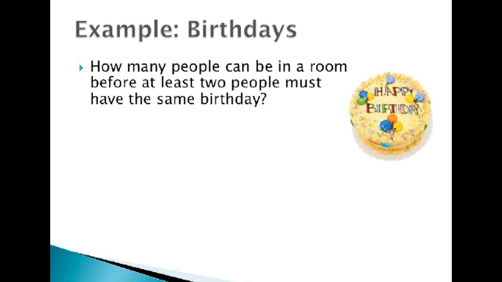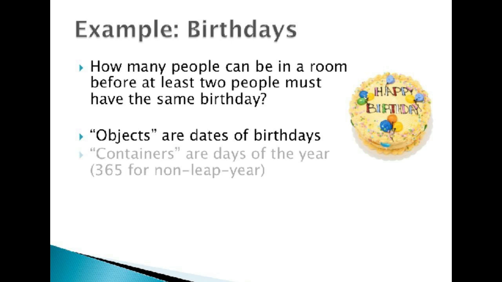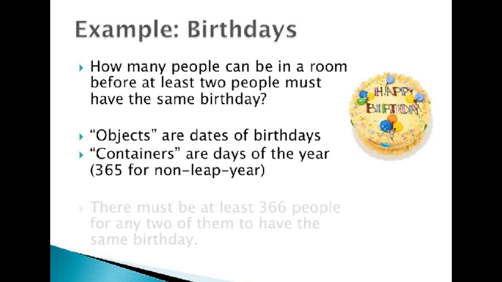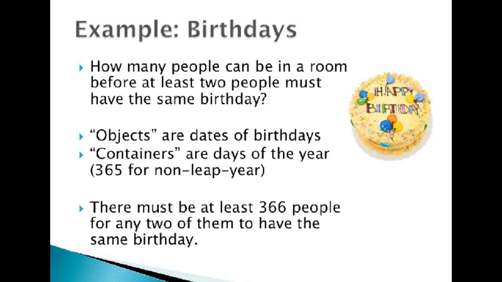While at first the answer may not be obvious, here the objects are birthdays, which is a calendar day of the year, and the containers are days of the year, of which there are 365, if we are not counting leap years. Viewed in this way, it is obvious that there must be 366 people in a room before at least 2 people have the same birthday.